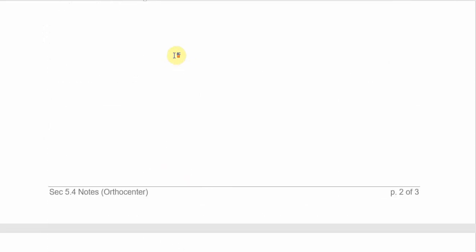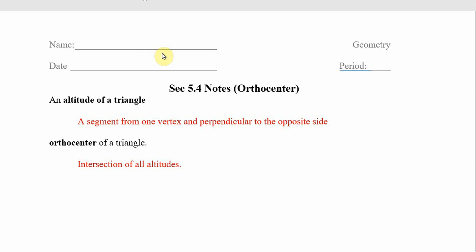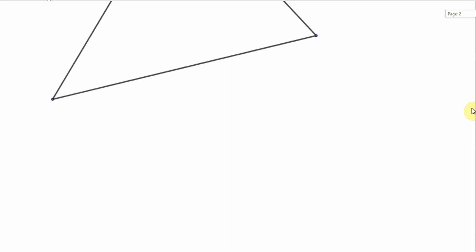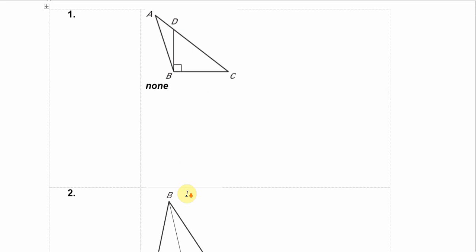So the operative word in the definition is perpendicular to the opposite side. Okay, so that's one thing. It's not a median because it doesn't bisect AC, and it is also not a perpendicular bisector because it doesn't bisect AC. Okay, so in this case, it's none of them.